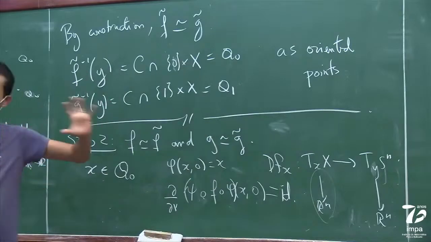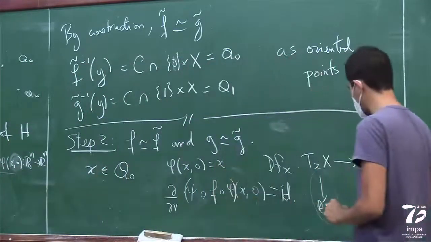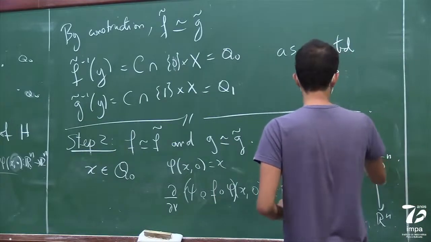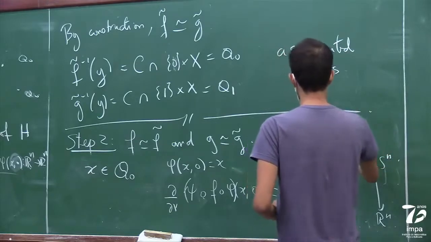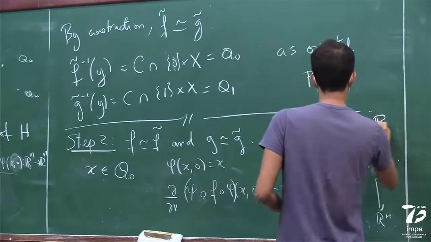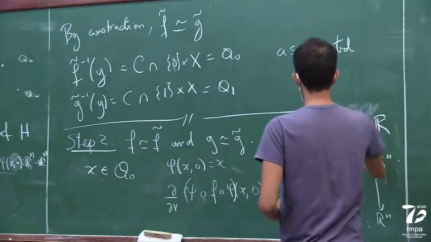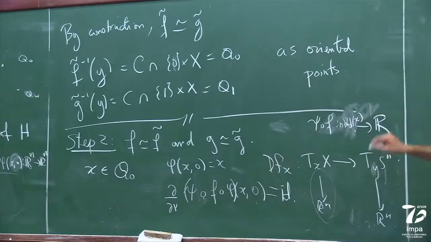Okay, so let me say this one more time. If you compose your f with the stereographic projection, that will give you a map from a neighborhood of your x to Rn.